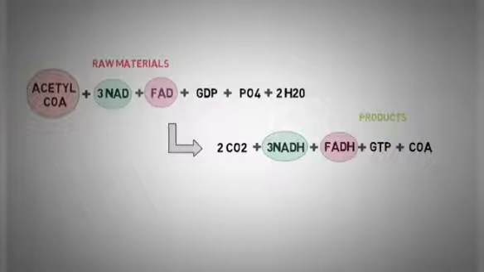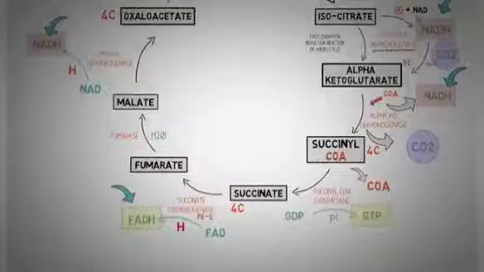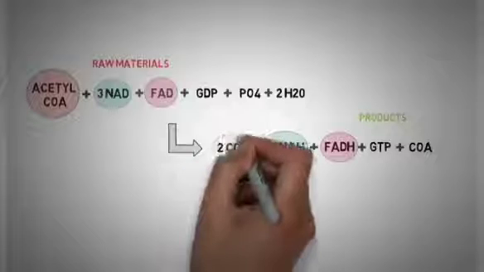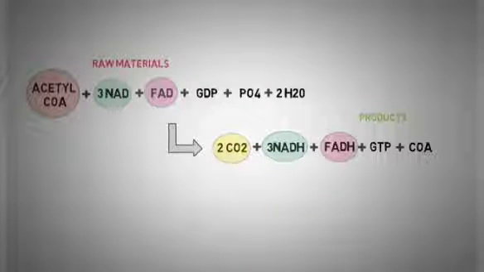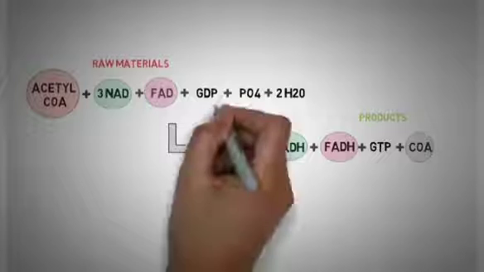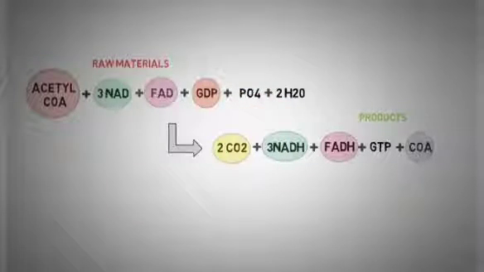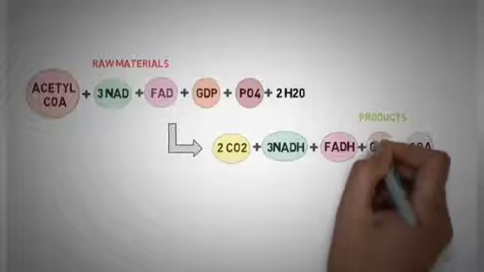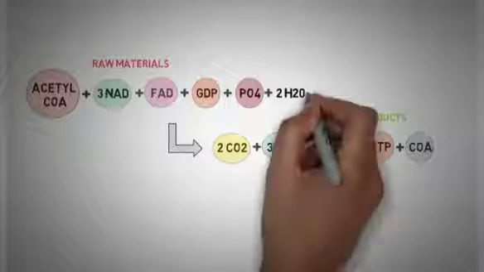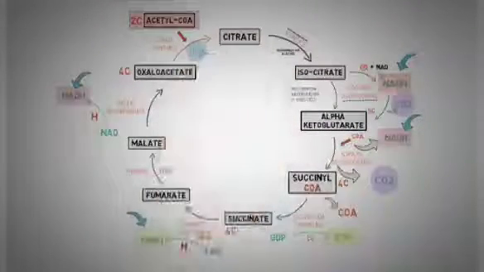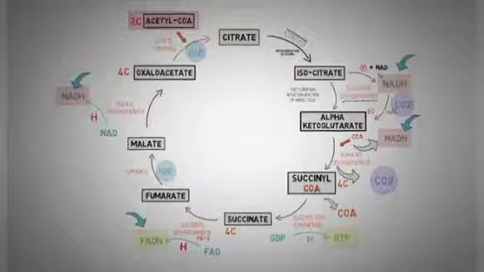This FADH is produced in the conversion of succinate to fumarate here. 2 molecules of carbon dioxide are produced for every 1 molecule of acetyl-CoA that enters the Krebs cycle, like I showed you earlier. 1 coenzyme A is produced in the conversion of succinyl-CoA to succinate, where succinyl-CoA loses the coenzyme A. And 1 molecule of GDP combines with 1 molecule of inorganic phosphate and leads to the formation of 1 molecule of GTP. 2 molecules of water are consumed, 1 in the synthesis of citrate and 1 here in the hydration of fumarate.